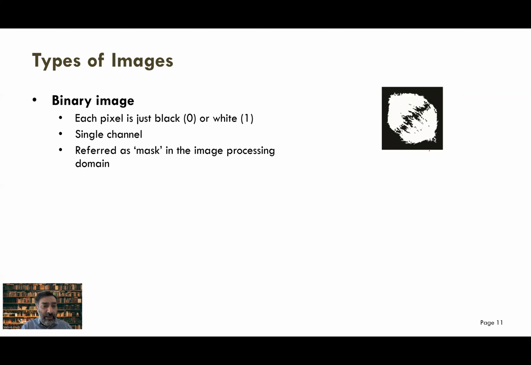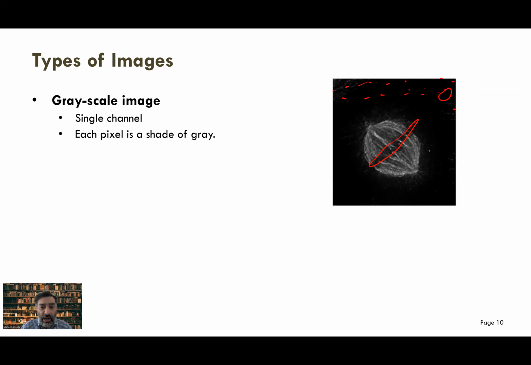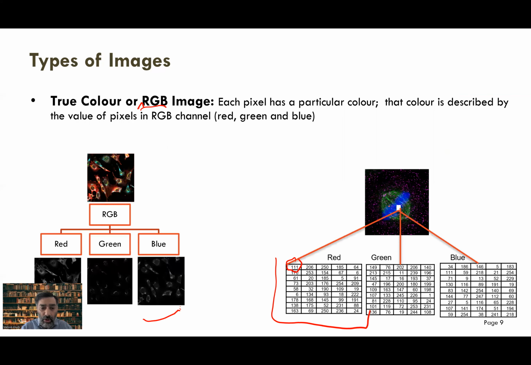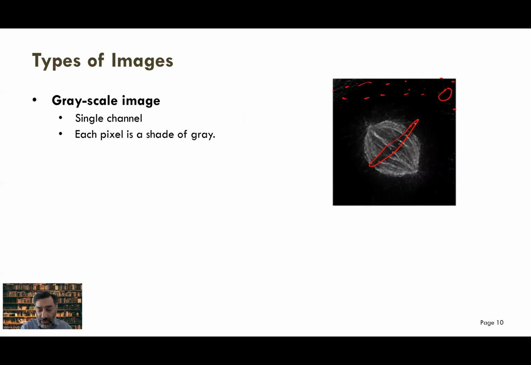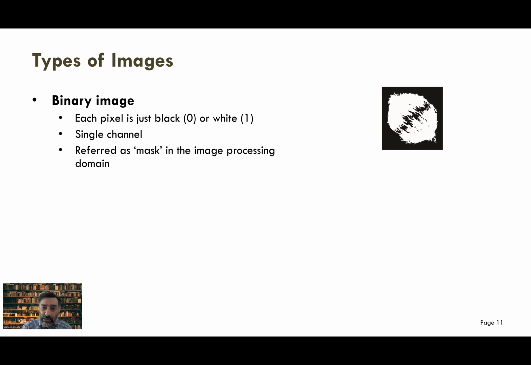Another type of image is one that we usually create ourselves; we don't get that. We data scientists are usually given either a grayscale image or an RGB image. So one of the image types that you will be creating is a binary image, where you create exactly the same size image as before, but each pixel will have one of two values, either 0 or 1, black or white.